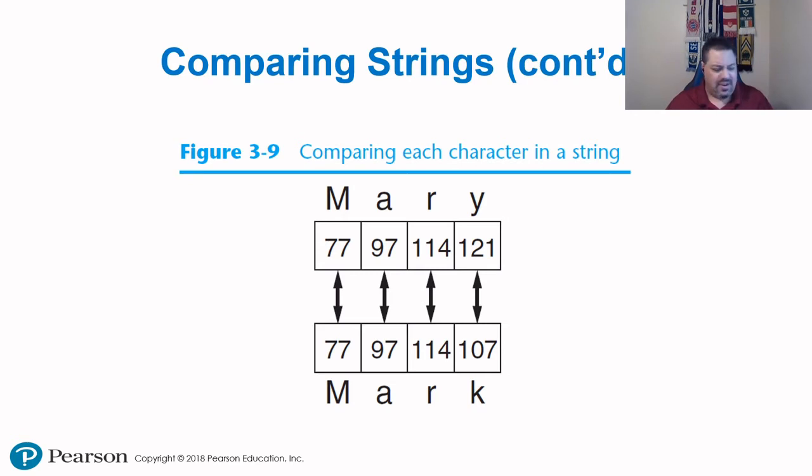And the capitals started at capital A at 65, and lowercase a starting at 97, and a bunch of things in between. Same kind of concept here. If you compare strings using an if statement, then it will compare the ASCII values of all the characters. So Mary and Mark are very close, but Mary is a little bit larger because the numbers are higher.